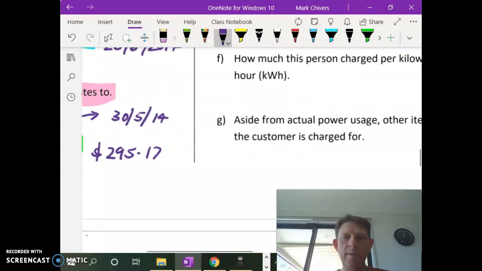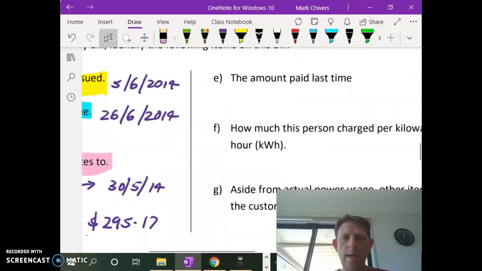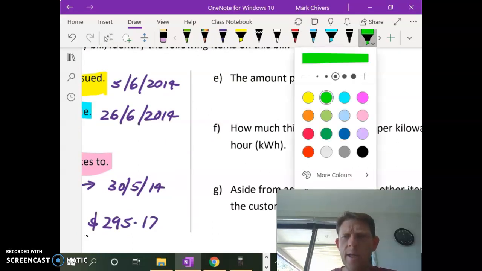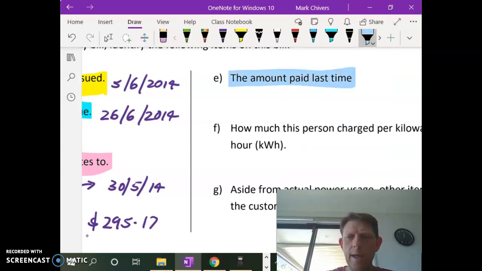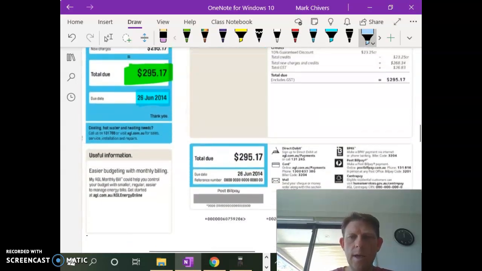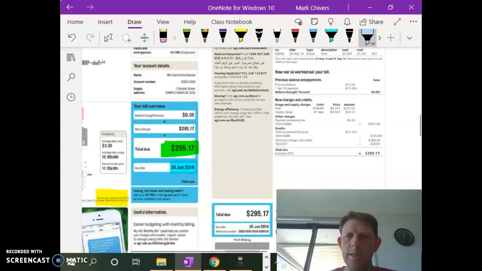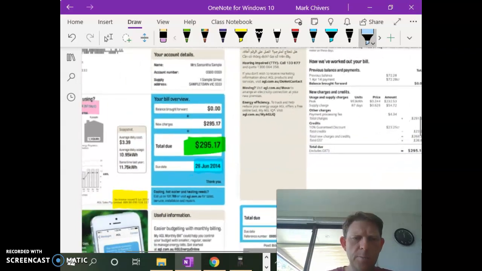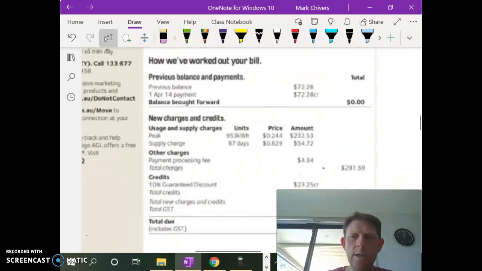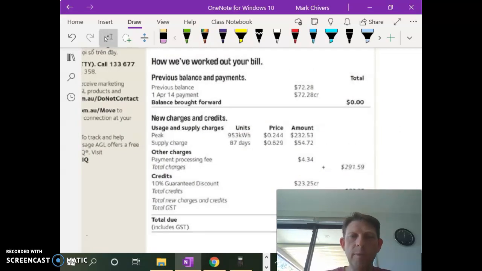Okay, and we'll flip over the other side here. And we've got the amount paid last time. Now this is always a little bit harder to find on a bill. What we've got to go looking for on the bill is that part of the bill that relates to, I guess, the changes that have happened in the account. So in this particular account, it's on the second page. You can see here there's a previous balance of $72.28 and there's our previous payment there.